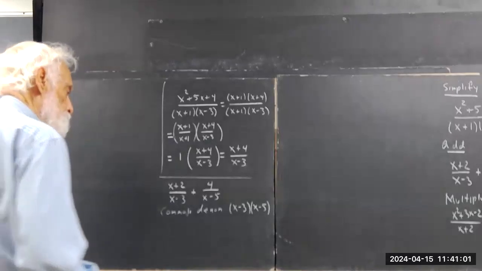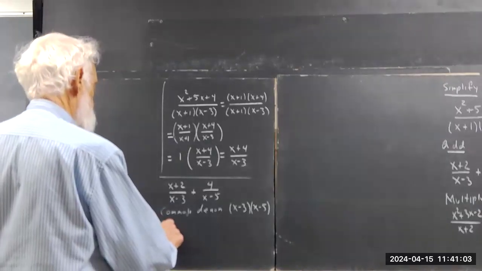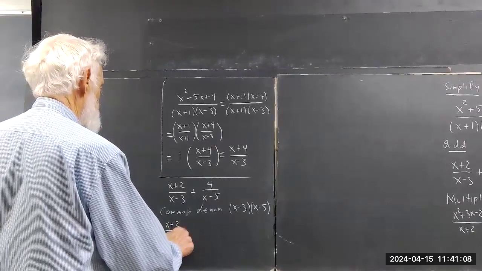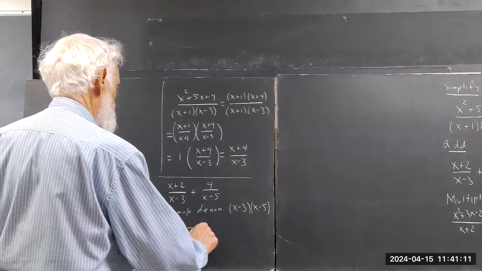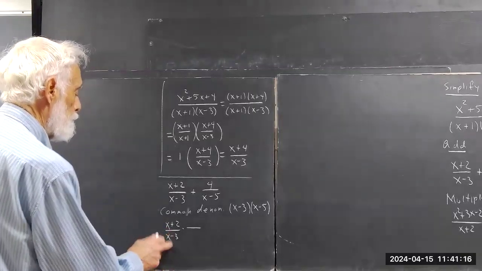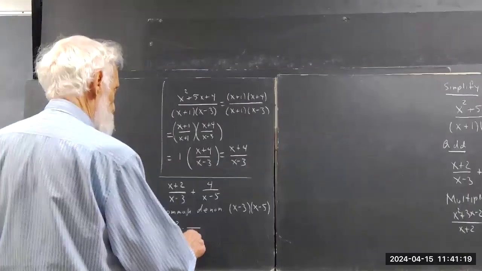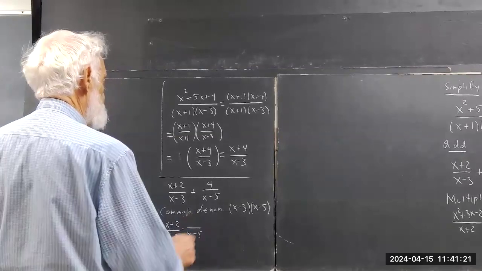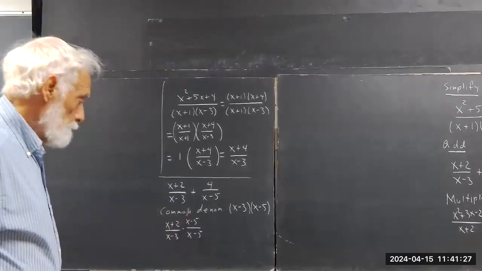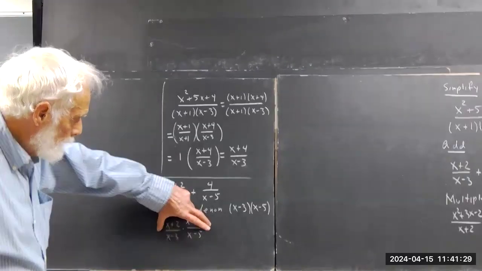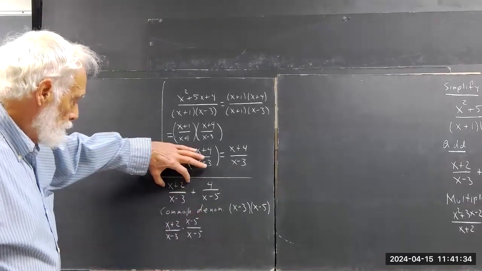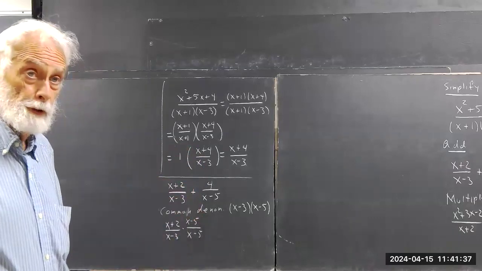So you write this as, well, to get denominator x minus 3 times x minus 5, we've already got x minus 3 here. We have to multiply by x minus 5. And if we multiply the denominator by x minus 5, we better multiply the numerator by x minus 5, so that this expression, since x minus 5 over x minus 5 is just 1, is totally equivalent to just x plus 2 over x minus 3.